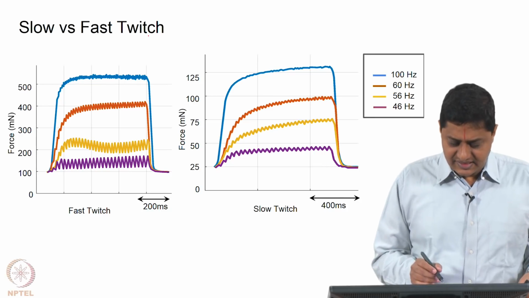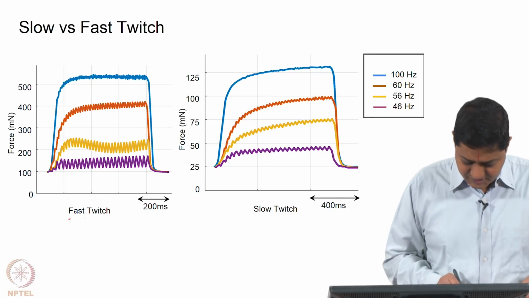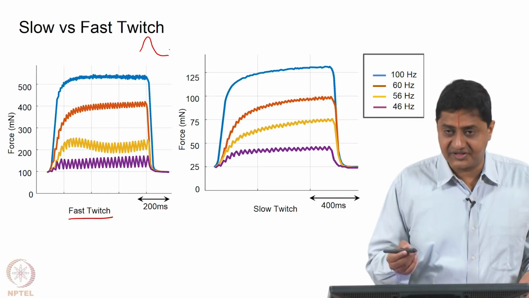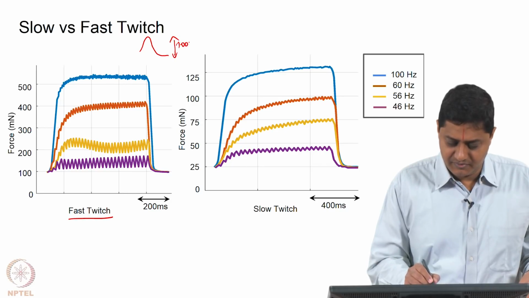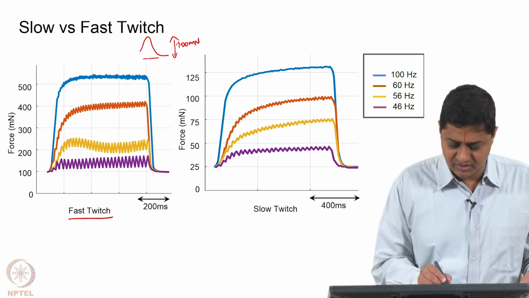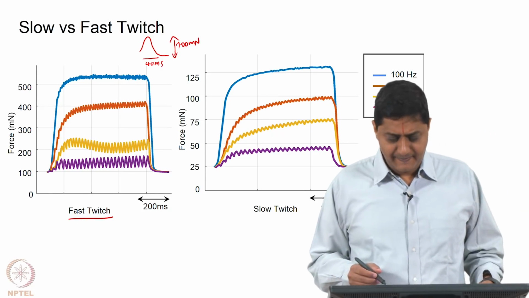Let us consider the case of the fast twitch. In this case, the force produced is about 100 millinewtons, produced in about 30 to 40 milliseconds.